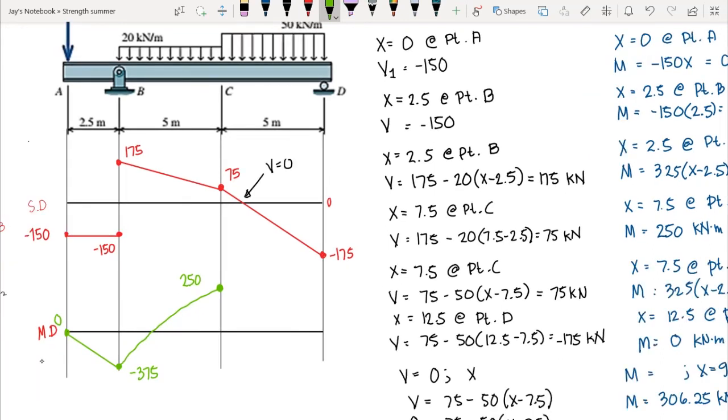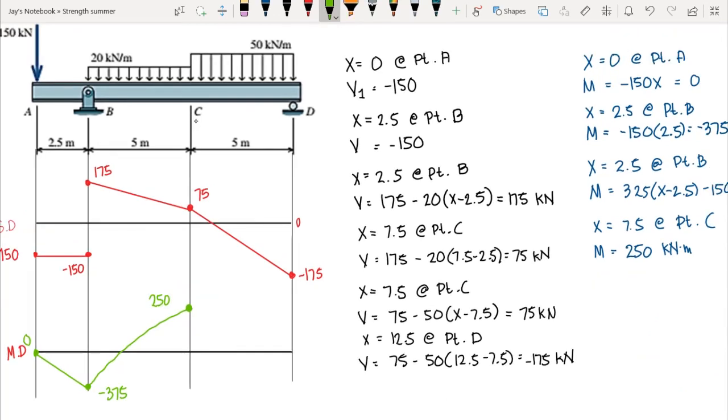Now, our curvature here, take note, since our shear diagram is decreasing and it is first order, our moment diagram is a frowning curvature and it should be second order. Again, if we have a decreasing shear diagram, then our moment diagram is frowning. And if we have an increasing shear diagram, then we should have a smiling moment diagram.